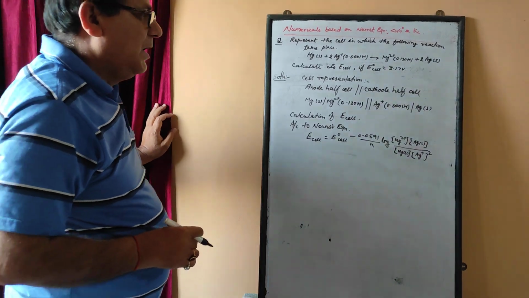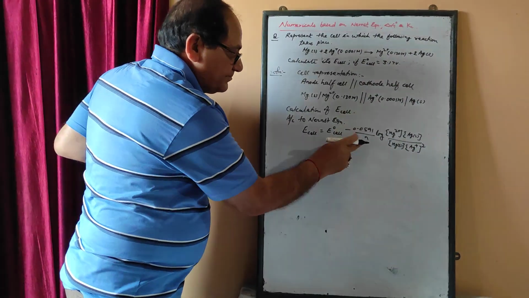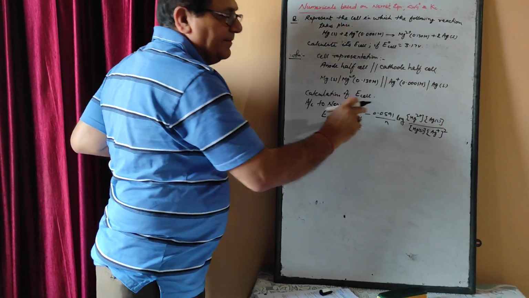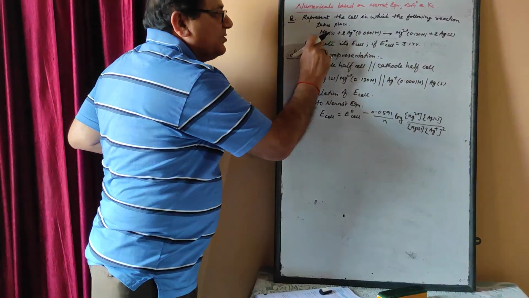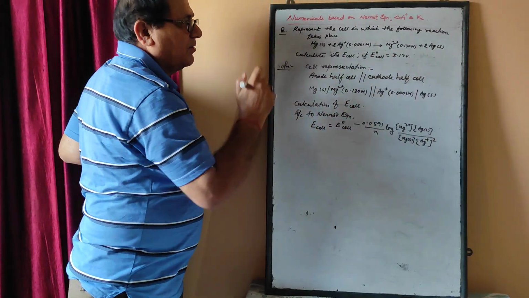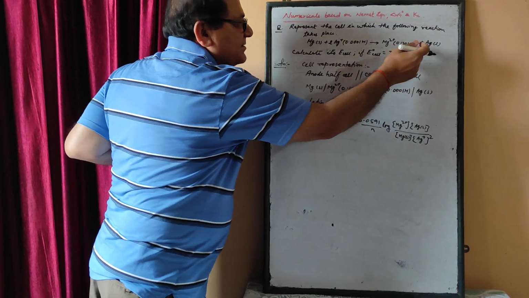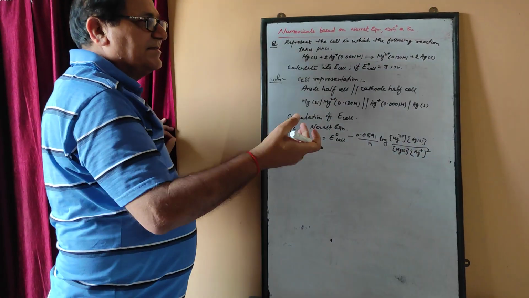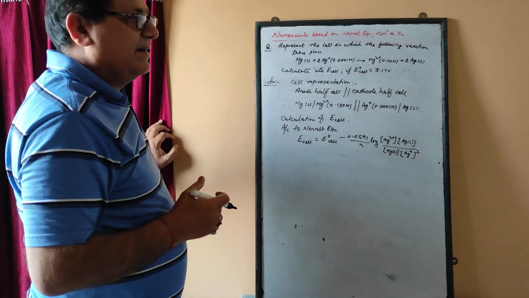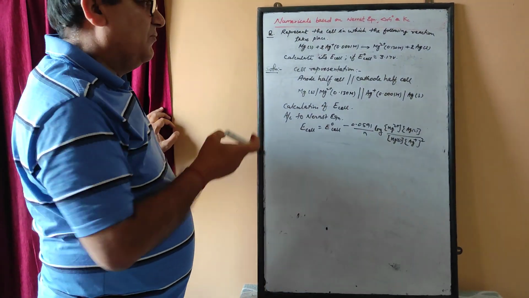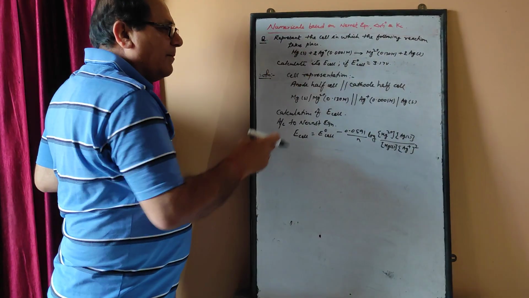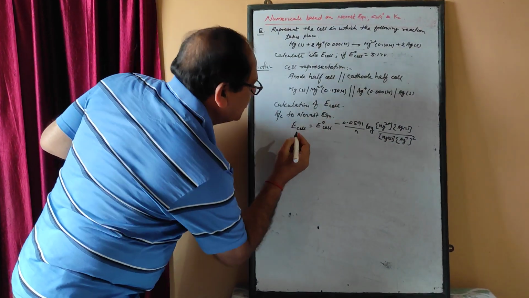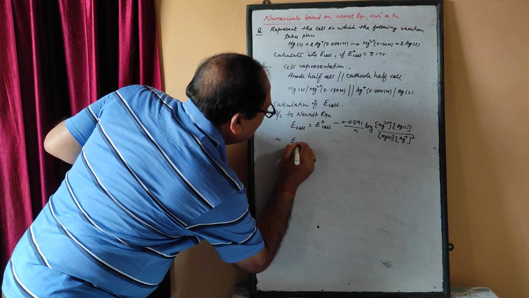Now you should bother about the value of n. From Mg to Mg2 plus there is loss of 2 electrons, and Ag plus to Ag is gain of 1 electron. If you write the anode reaction, cathode reaction and overall cell reaction, for cancellation of electrons we find that the number of moles of electrons is 2. So here n will be 2.